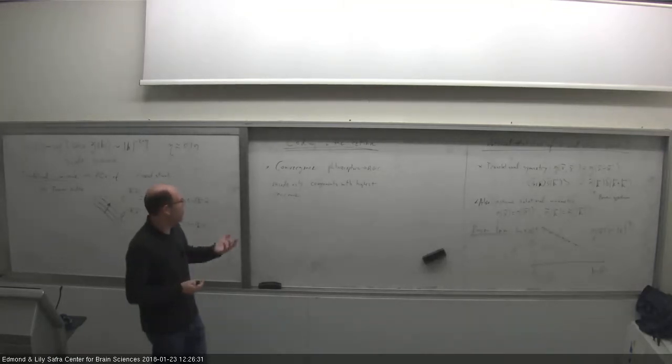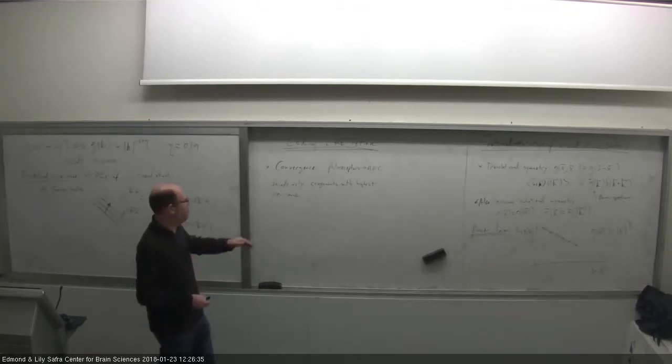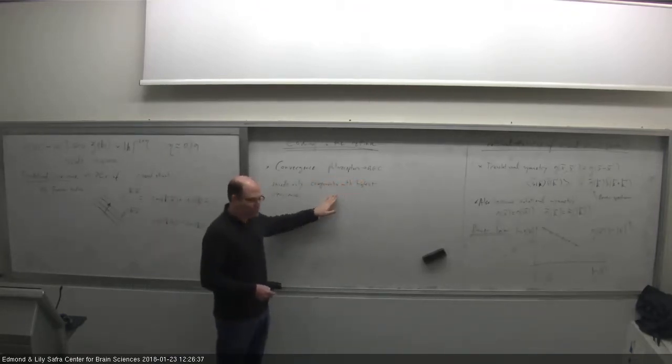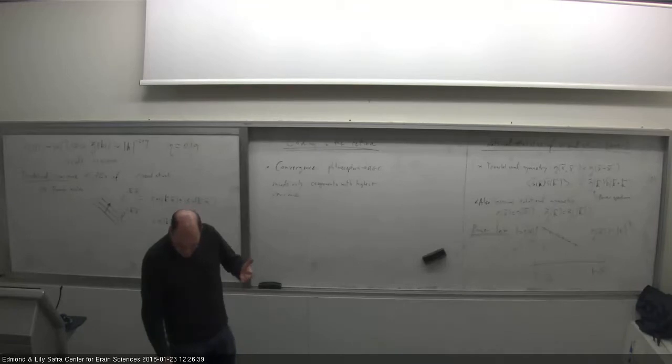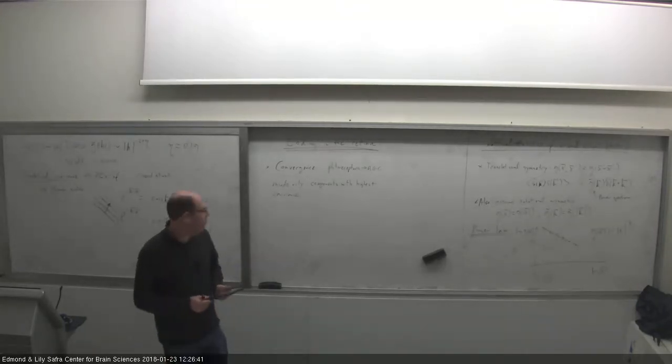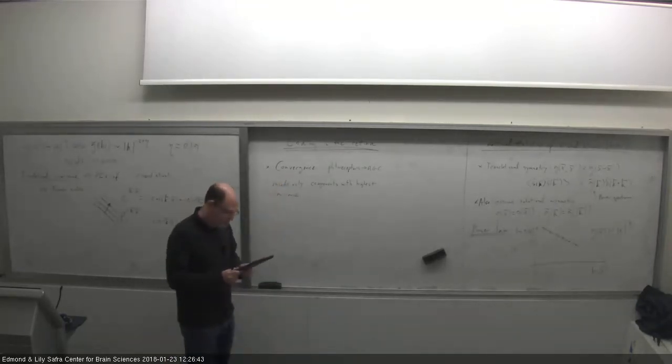So we expect the projection from photoreceptors to RGCs to maintain only the lower spatial frequencies. Why?